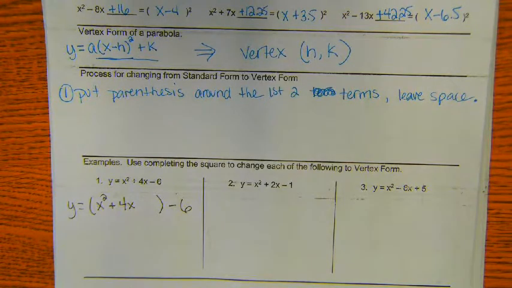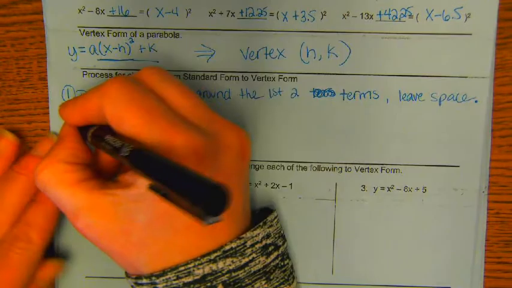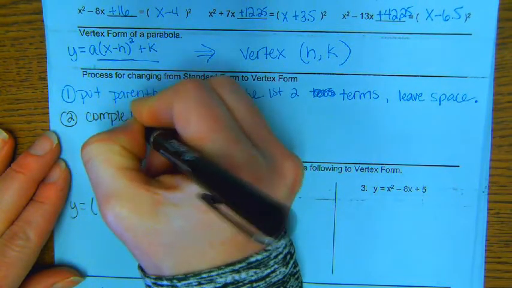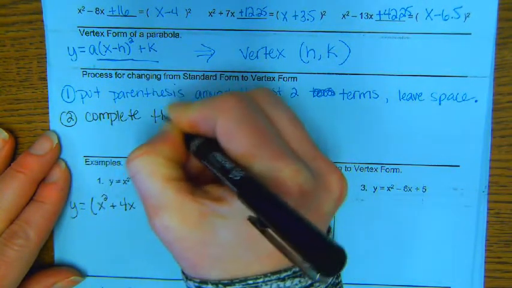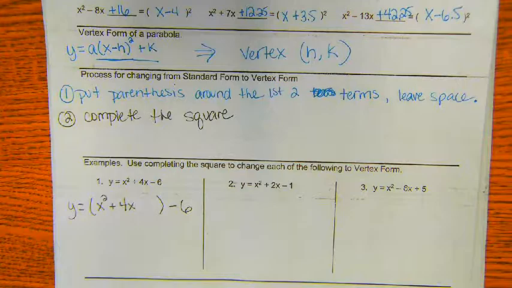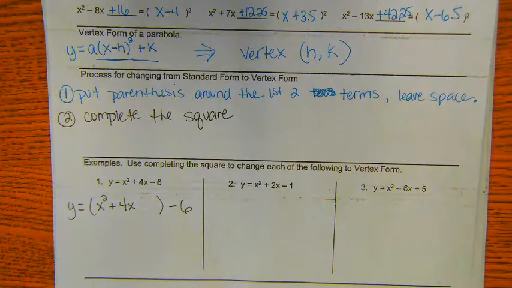Okay, number 2. You are going to complete the square. Didn't we write those directions down above if you forgot? Okay. Complete the square.